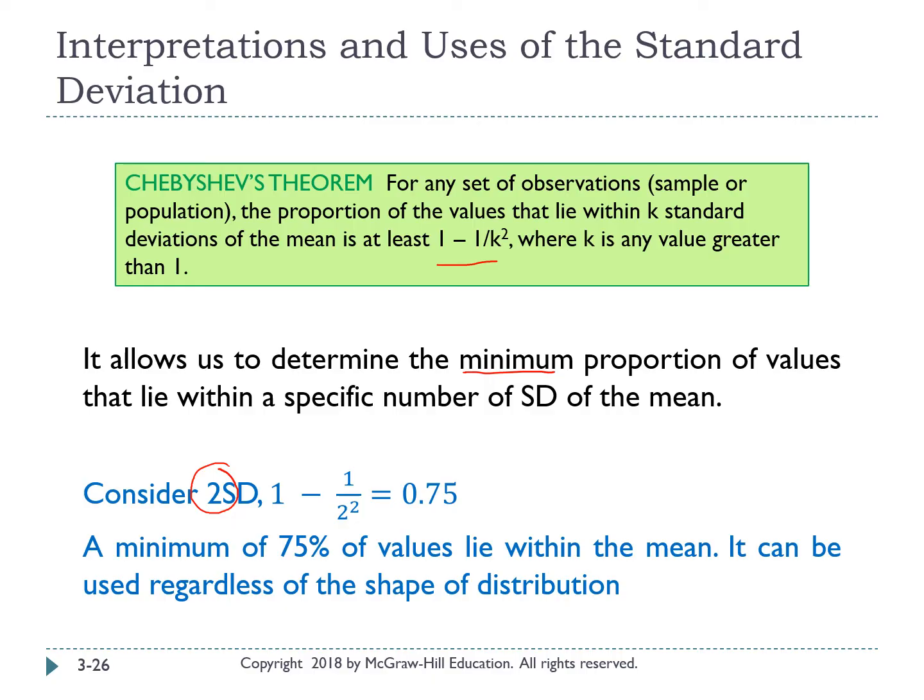Here k is the number of standard deviations. Since it is 2, you just replace k with 2. When you compute this, you get 0.75. How can you interpret this value? You say a minimum of 75% of values lie within 2 standard deviations of the mean. This theorem can be used regardless of the shape of your distribution.